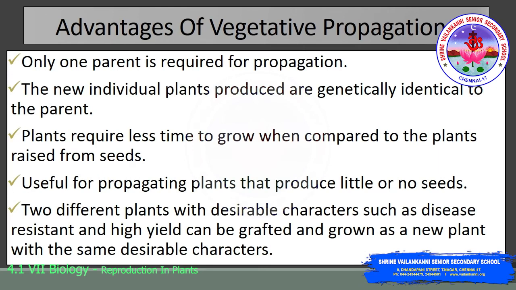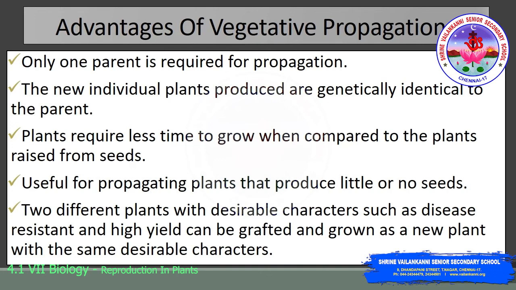So, what are the advantages of vegetative propagation? Only one parent is required for propagation, and the new individual plants produced are genetically identical to the parent plant. The next advantage is that plants require less time to grow when compared to plants that are raised from seeds.